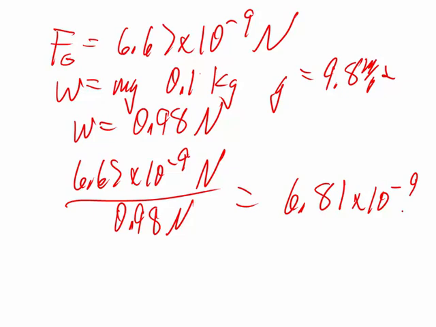Okay, now let's look at our last problem, number 43, and this is still on page 202. What is the free fall acceleration at the surface of Mars and at the surface of Jupiter?